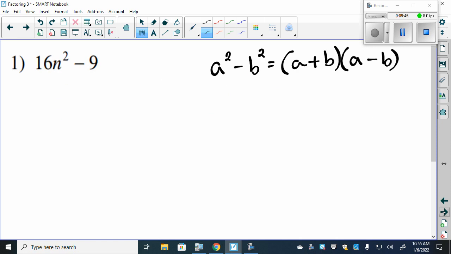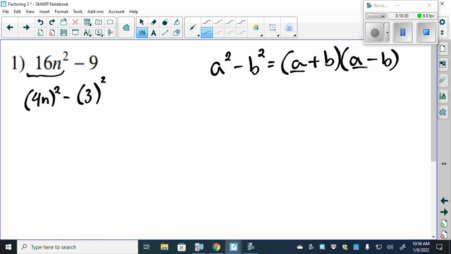Now if we look at this one here, is 16n squared a perfect square? Because what times itself is 16n squared? 4n. So we can kind of look at it in terms of 4n squared minus, well, what times itself is 9? 3 squared. And this is how most textbooks will actually rewrite it, because they're trying to signify and show what the values of a and b are.